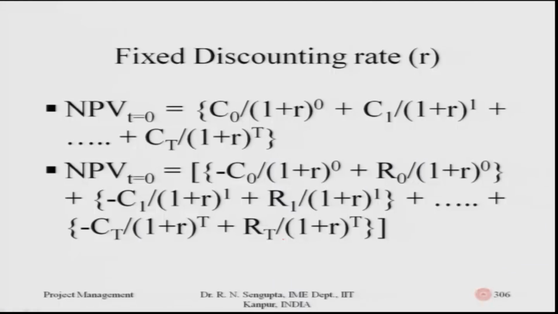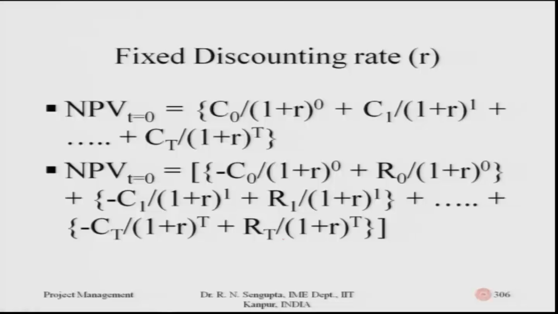Net present value, if I consider the input and the outputs, input means the amount of money which is coming in, and output being the amount of money which is going out. So, again if I consider the revenue and the cost, the cost is given with a negative value, which is minus C0, minus C1, minus C2 corresponding values, and the revenues are given as R0, R1, R2 till the last value, which is RT.